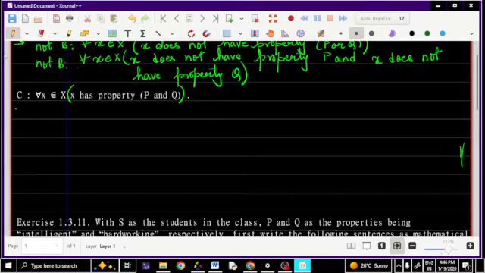Looking at statement number C, for all x in X, x does not have P and Q. Now think of this as one property, P and Q. So its negation would be, for all will change to there exists. So I'll erase this.